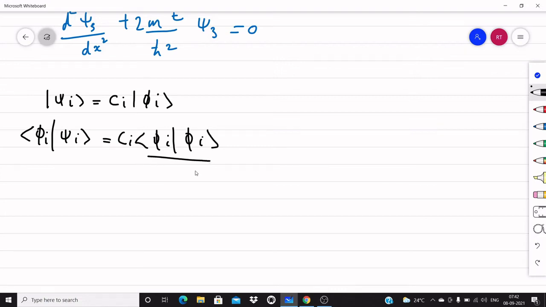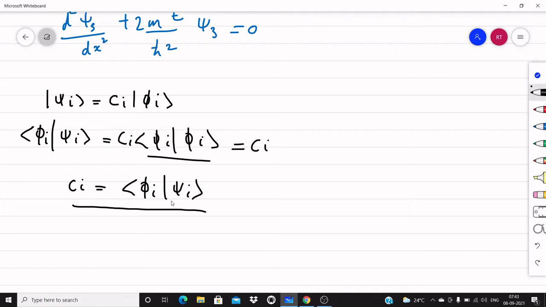So this is delta ii, this is equal to 1, so it is Ci. So the coefficient Ci actually represents a probability amplitude, phi i psi. So this is a probability amplitude of the system being in phi i.